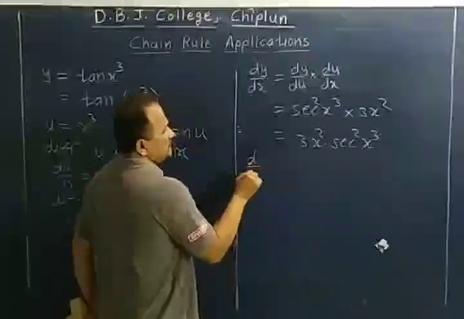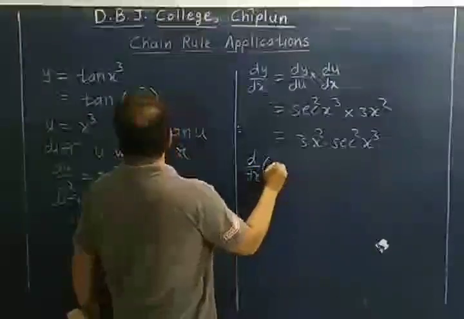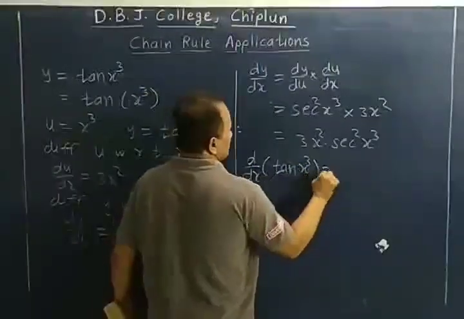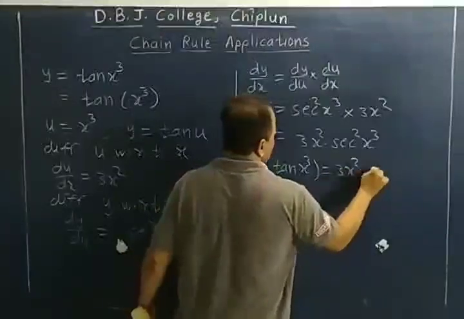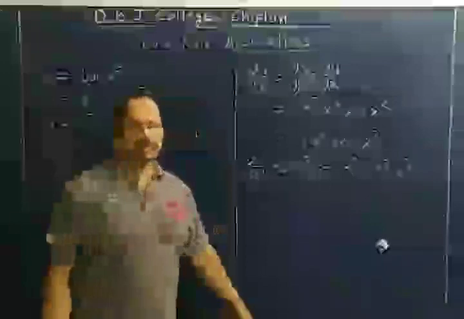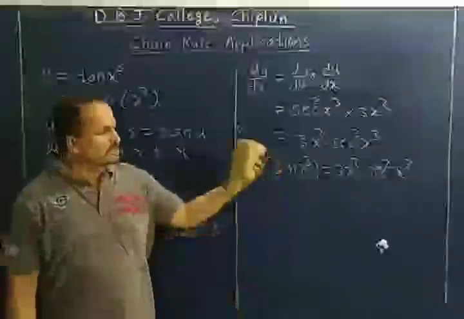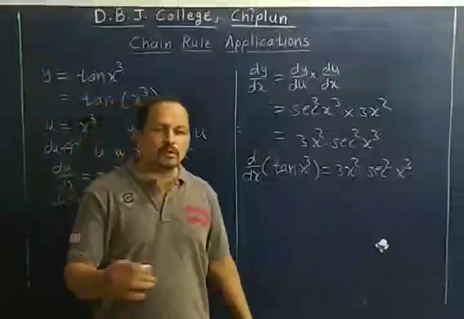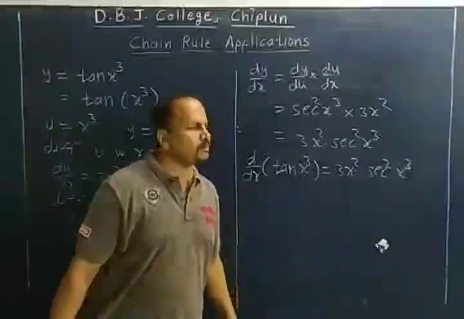This is the derivative of tan x cube. So the second problem is also over. Let us take one more little bit complicated problem.